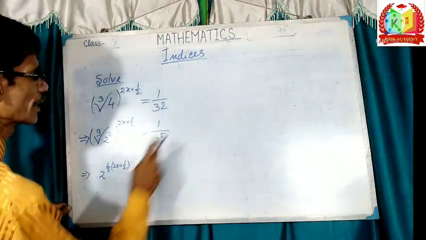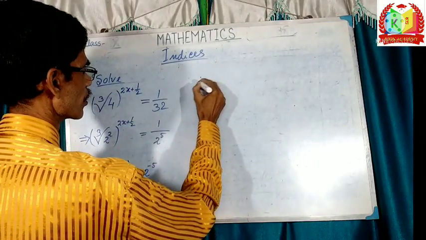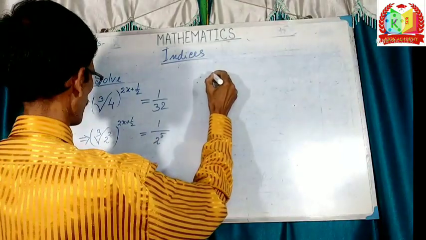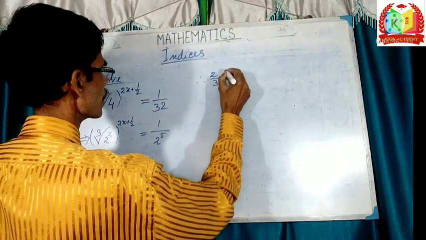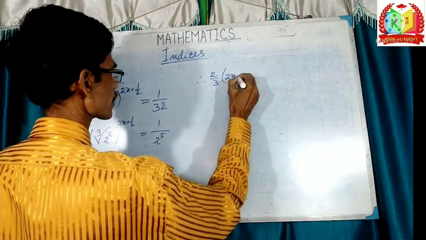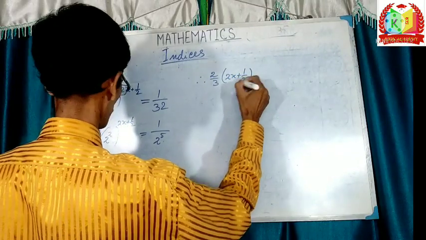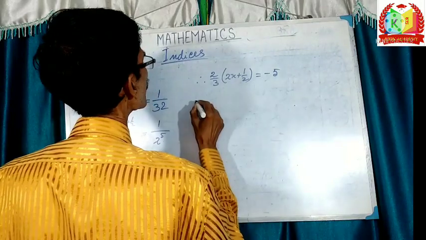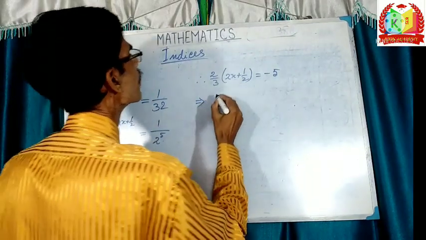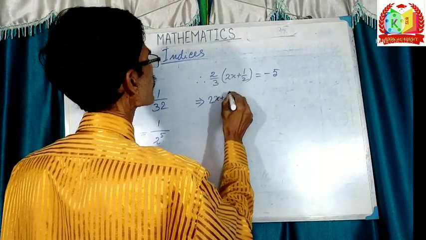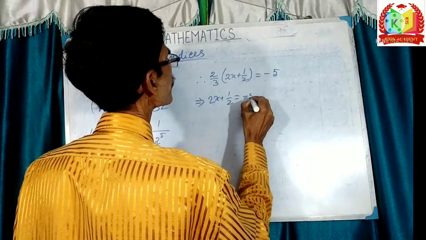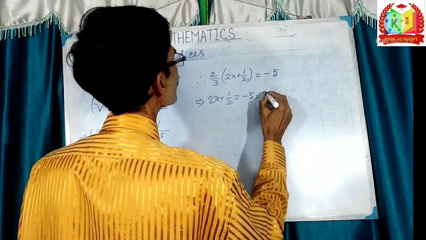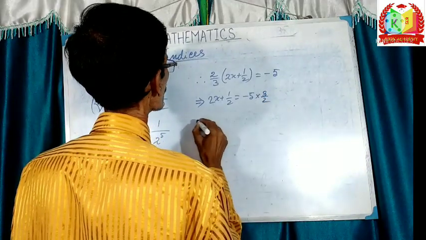Therefore, 2 by 3 into 2x plus half equal to minus 5. So 2x plus 1 by 2 equal to minus 5 into reciprocal of this, 3 by 2.